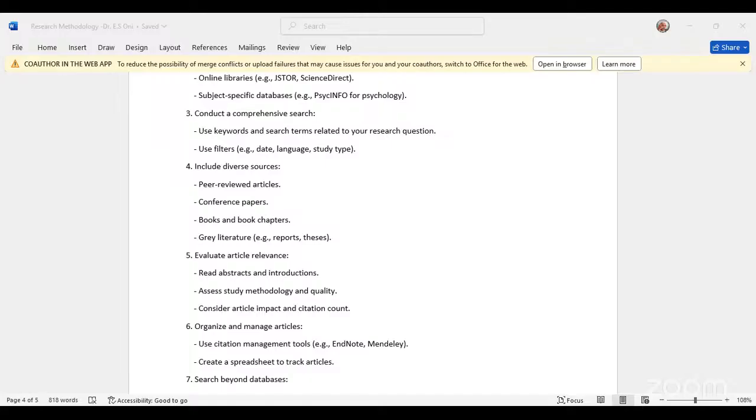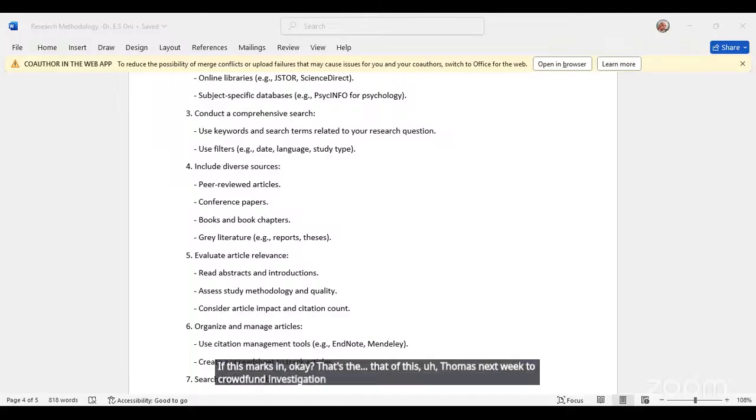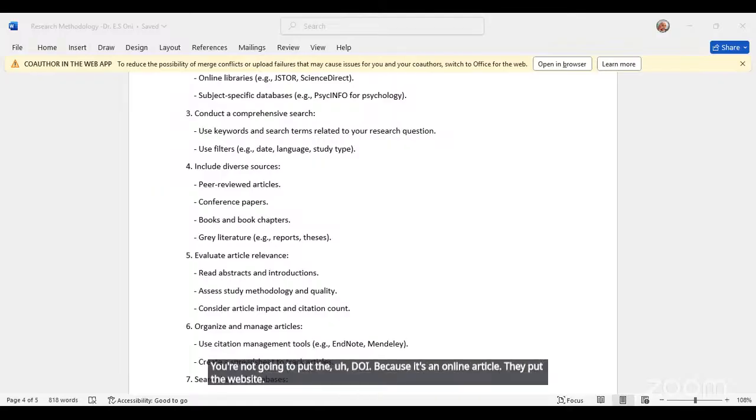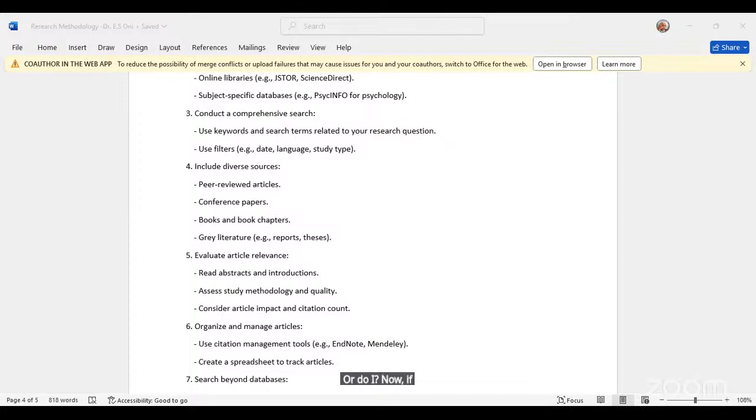That's the title of this article, Newsweek to crowdfund investigation into college rape. The title of this magazine is Newsweek, and you must italicize it. Retrieved from: you can put the DOI because it's an online article, or you put the website. Then for the in-text citation for that magazine, you put Wolfson, 2014.